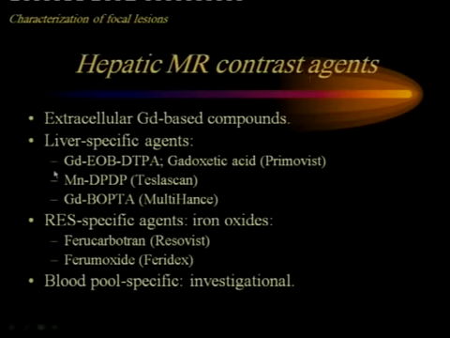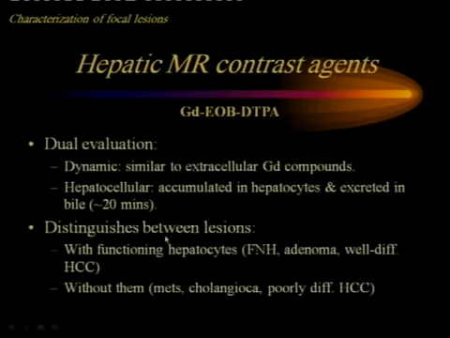But there's also the liver-specific agents, or so-called hepatobiliary agents, and then there's the reticuloendothelial system-specific agents, which are iron oxide agents accumulated within the reticuloendothelial system. And there are some also blood pool-specific agents. I'll just mention very briefly a bit about some of the liver-specific and reticuloendothelial system agents.